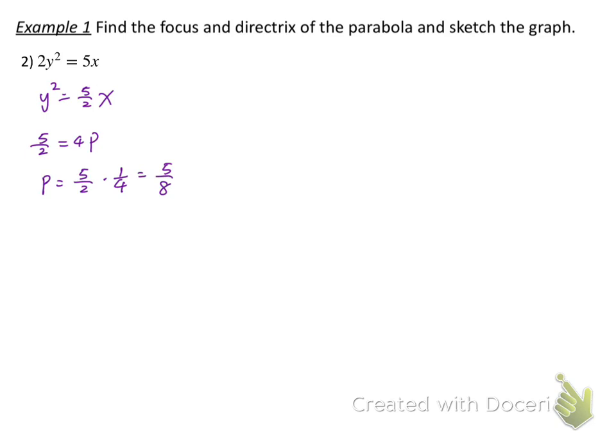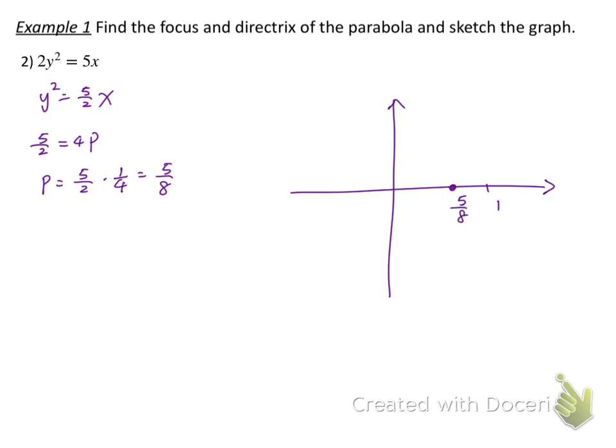And you have a y squared term, which means this is sideways. So here's the plane, and the parabola is sideways. I have the focus, which is 5/8. Let's call this 1. Then this is a little bit more than half. So here's the 5/8.